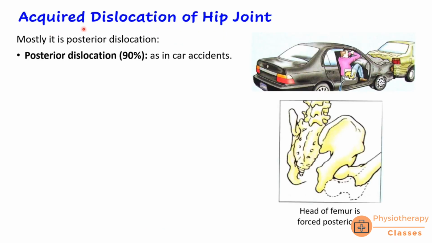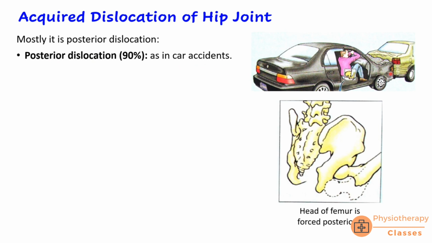In applied aspect, we will cover dislocation of hip joint, that is of two types: acquired dislocation of hip joint, which occurs in adults, and another is congenital dislocation of hip joint, which is present at the time of birth. So in case of acquired dislocation of the hip joint, usually it is in the posterior aspect. So in 90% of the cases there is posterior dislocation, and this usually occurs such as in car accidents.